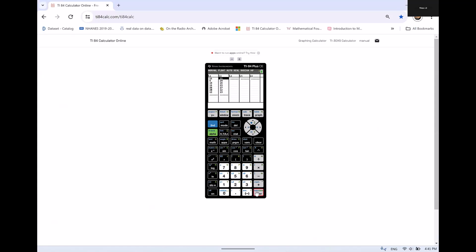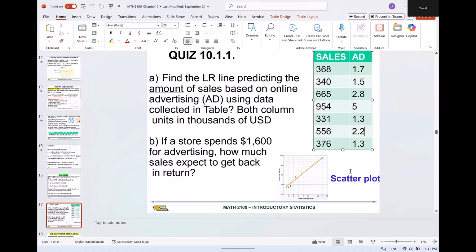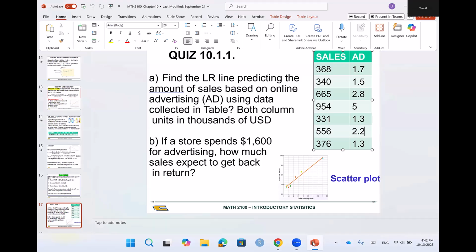You edit your L1, which is your X: 1.7, 1.5, 2.8, 1.3, 2.2, 1.3. Okay, so we have 7 observations here.